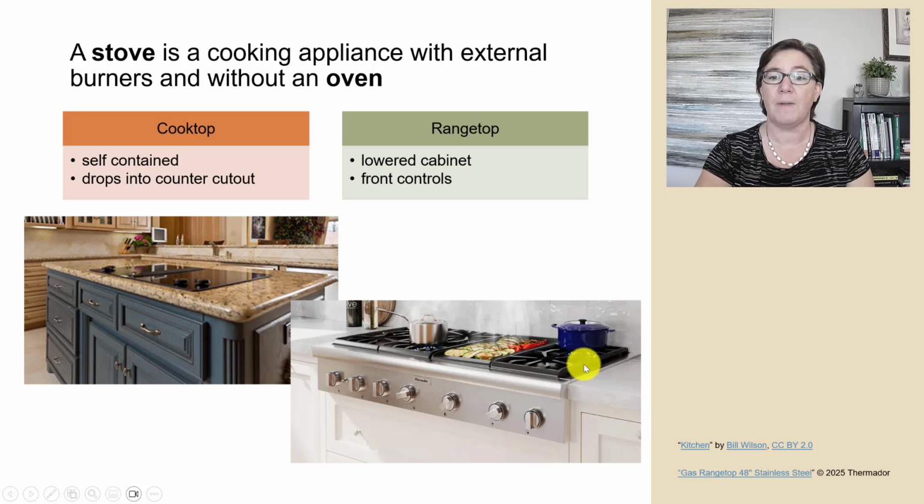The range top, on the other hand, has front controls like this that drop down over the edge, and it sits within a lowered cabinet. So if the countertop stops, and then we've got the front of your stove and then the countertop continues, that one is a range top.